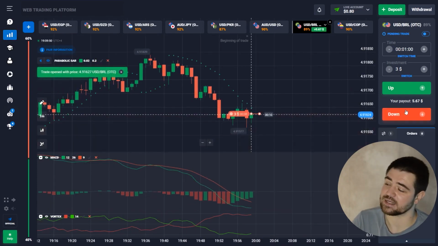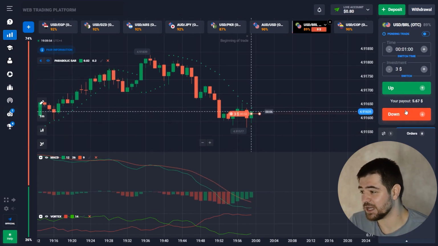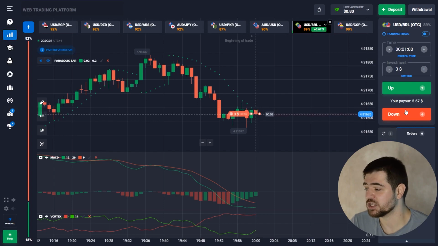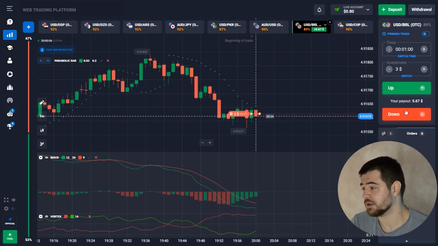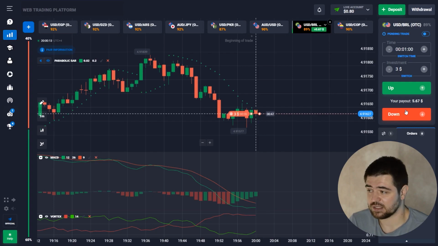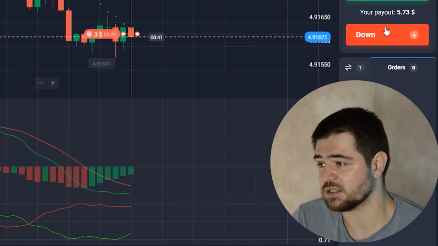Let's go ahead and place our next option. I've made a put option here, and why did I do that? We see the Vortex is showing us that the dominant trend here is the downtrend, the bearish trend, and this is exactly the idea behind this decision.